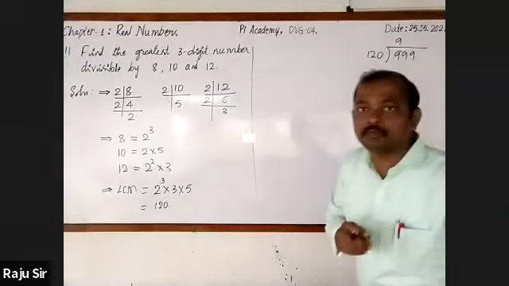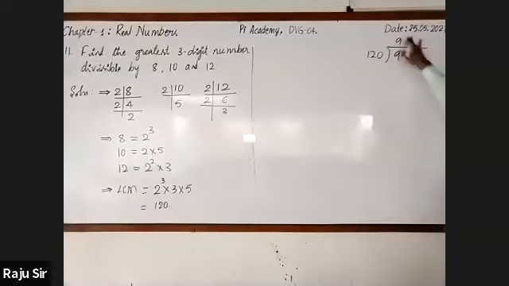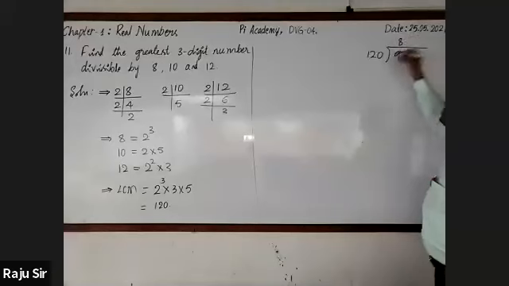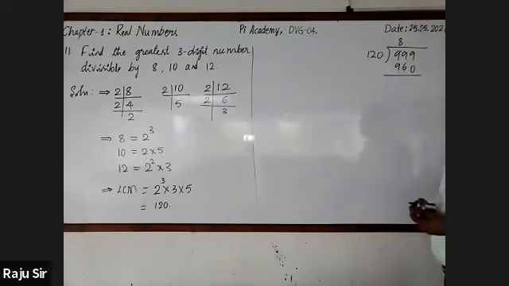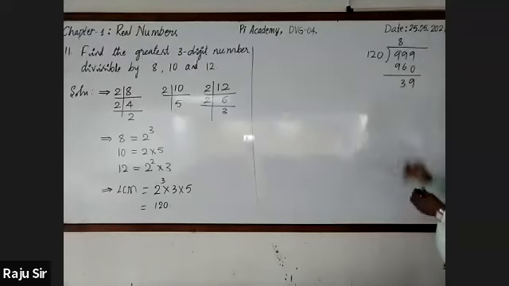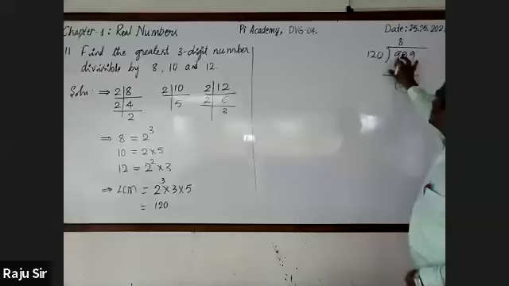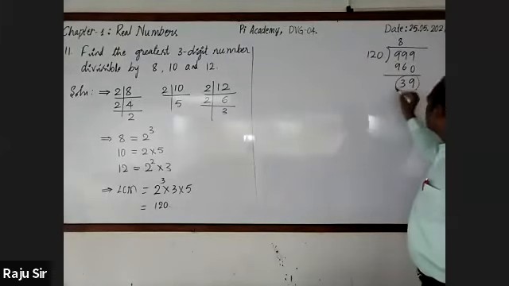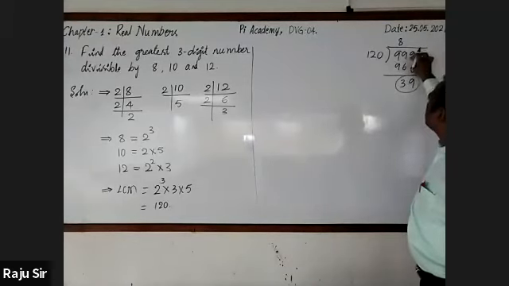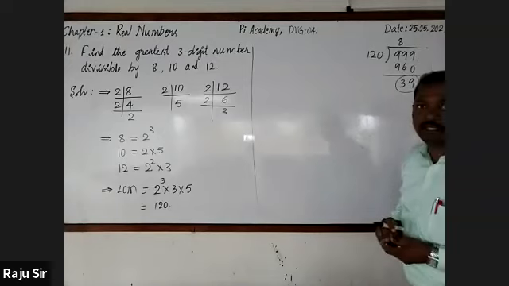Oh, you are telling the final answer. Okay. 120 eights are 960. Here 0 as it is, 12 eights are 96. Then subtract, you get 39. That is the greatest three-digit number which is a multiple of 120. Here 39 is extra. Hence 39 should be subtracted from 999.